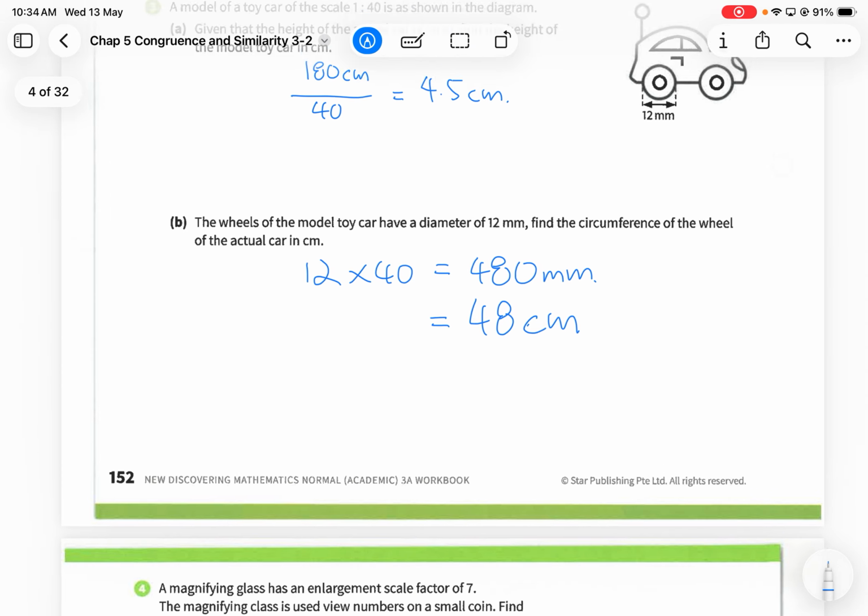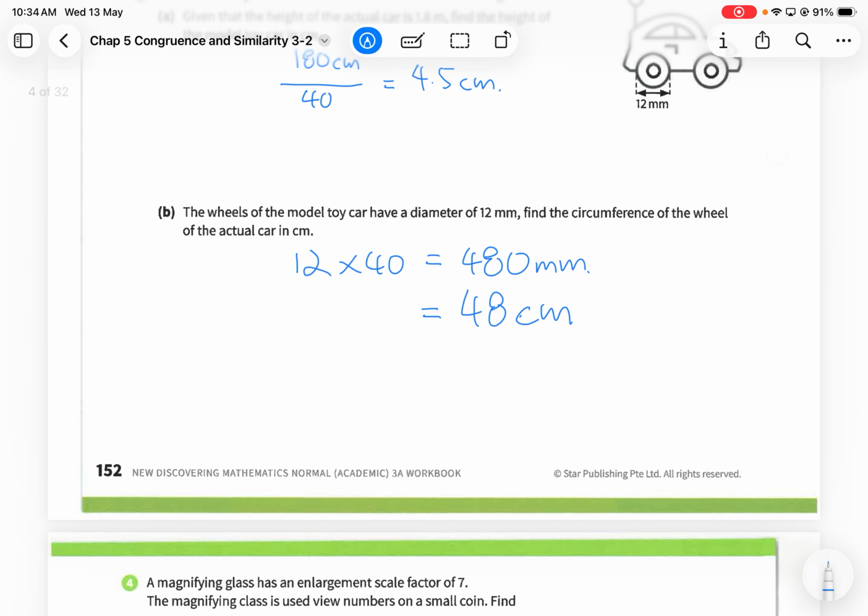So circumference, we need to remember the formula for circle. Circumference is equals to 2 pi r. Don't have square already. Circumference is 2 pi r or pi d. Either one. You remember one is enough.